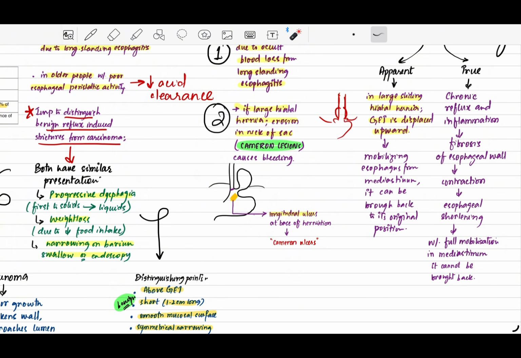And when we mobilize the esophagus from the mediastinum, it can be brought back to its original position. This is the distinguishing feature of apparent from true esophageal shortening. If you recall, this was the principle of fundoplication, where we also restore the intra-abdominal length of the esophagus.